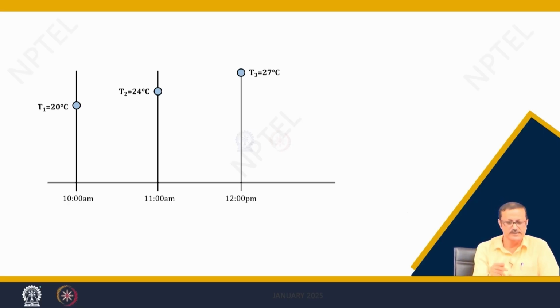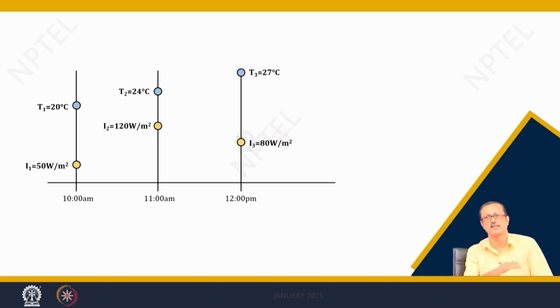There is a 4 degree change from 10 to 11, and another 3 degree change from 11 to 12. There may also be a change of I, the radiation. The radiation at 10 may be 50 watt per meter square, at 11 it is 120, which is high, and again it is low, 80, at 12, maybe on the eastern side or the northern side.